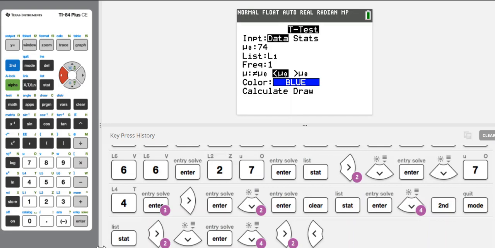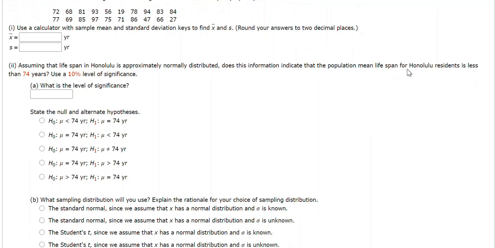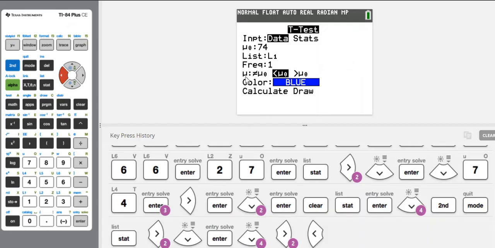Which of these two do I use? Looking at my information, it says the lifespan for Honolulu residents is less than 74. The mu that you're testing is less than 74, so mu is less than 74.